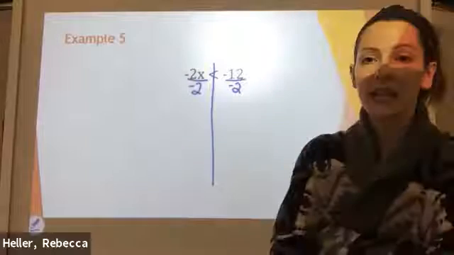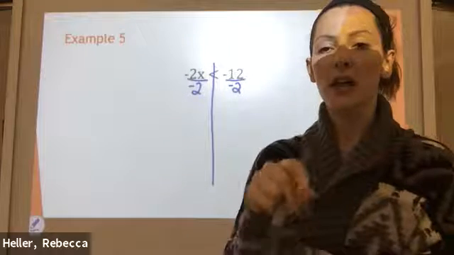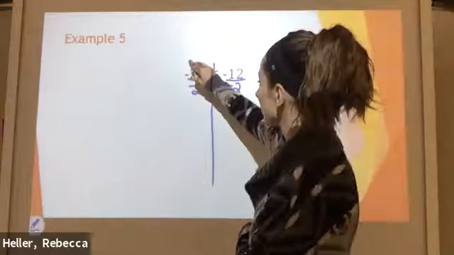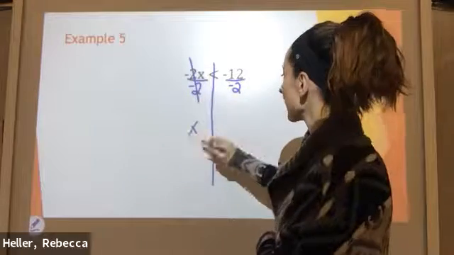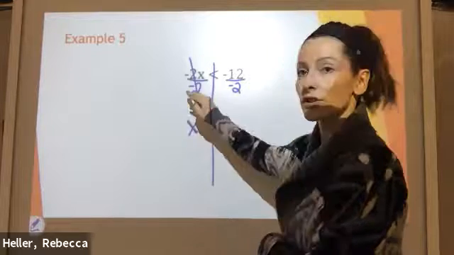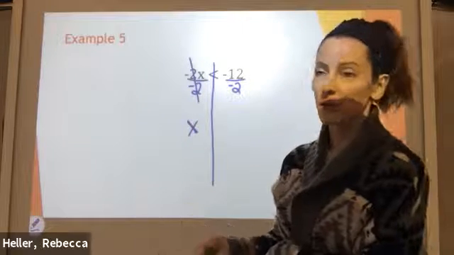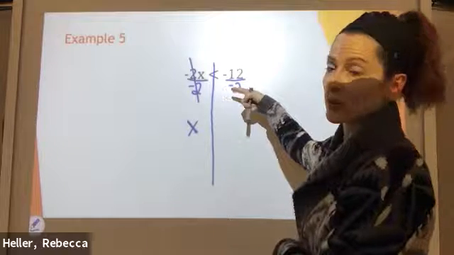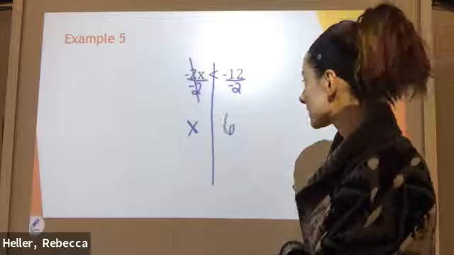Now again, if the number that you multiply or divide by is negative, what happens is when I write my answer, the negative 2s cancel, just like they did when we did equations. Negative 12 divided by negative 2 becomes a positive 6.